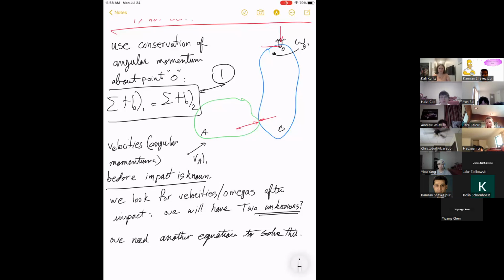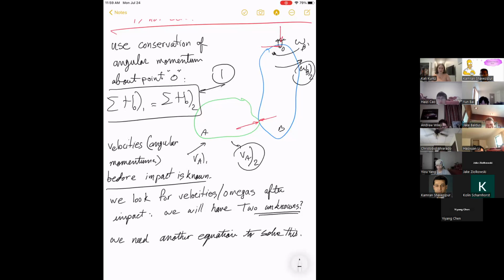I need one more equation, right? Because, for example, this is going to have a velocity after impact, and if this is omega-1, omega-2 could be the same way or the other way after impact. So I have two unknowns. How am I going to get the second equation? I'm going to give you a hint.